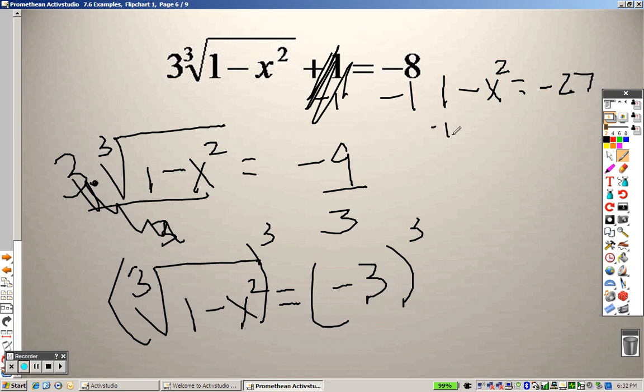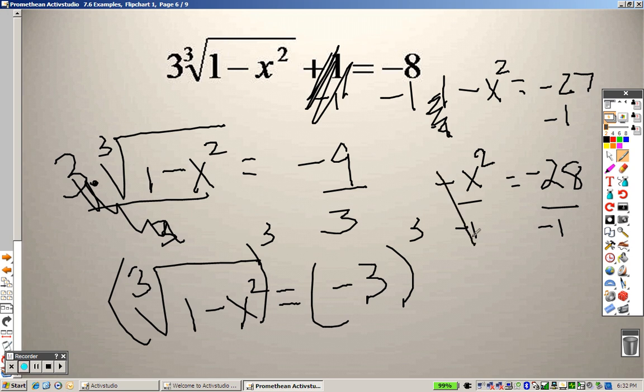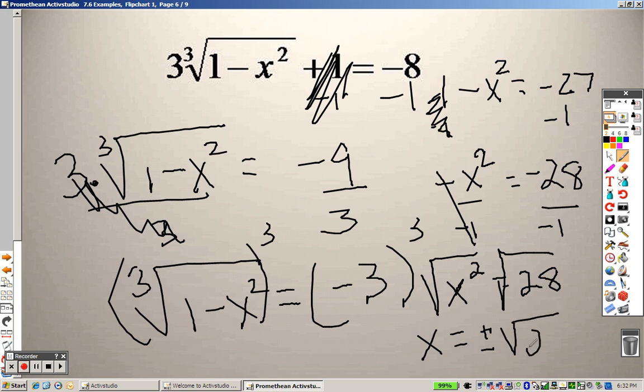I subtract 1 to get rid of this 1 here and get negative x squared equals negative 28. Divide both sides by the negative to get rid of the negative. So now I have x squared equals positive 28, and I square root both sides to get rid of that squared term, so I get x equals plus or minus the square root of 28.